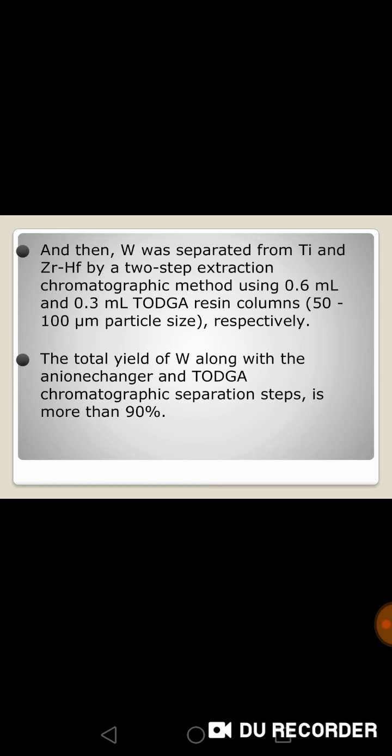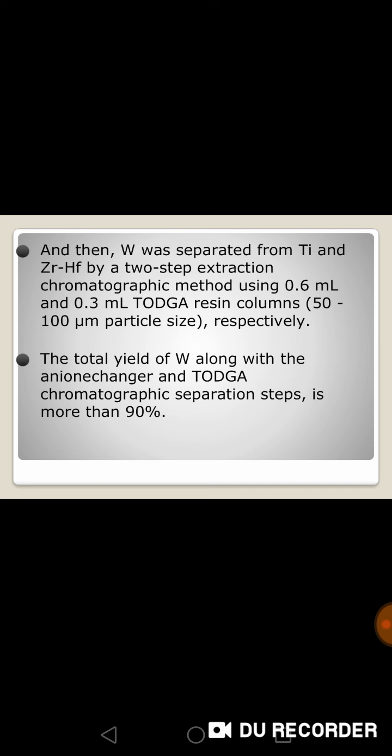Moving next, the tungsten was separated from the titanium by using a 0.6 ml TODGA resin column, and it can also be separated from the zirconium and hafnium by using 0.3 ml TODGA resin, whose particle size is 50 to 100 micrometer, respectively.